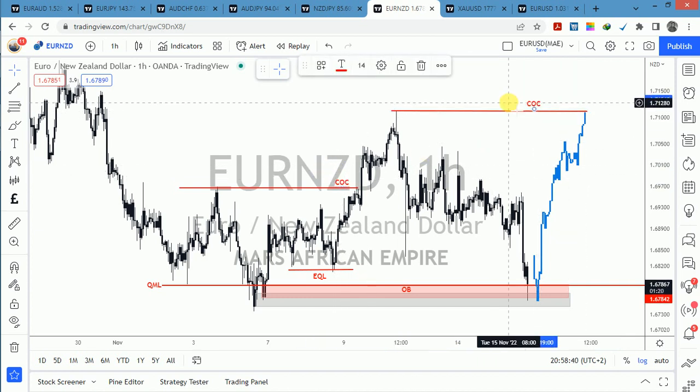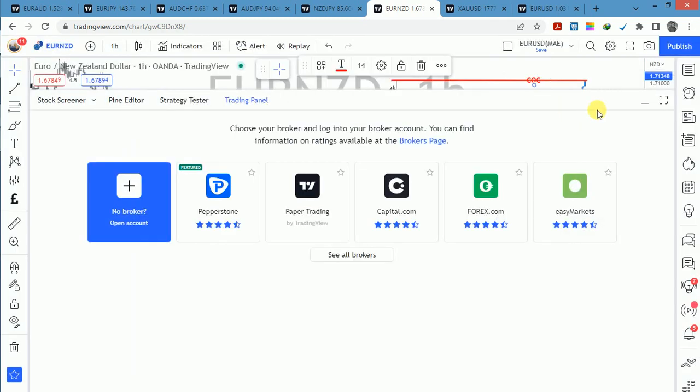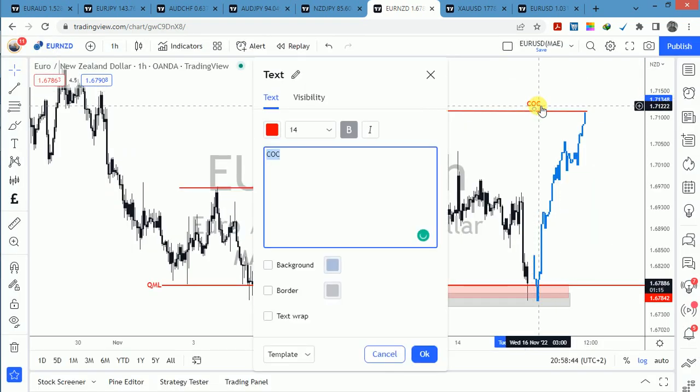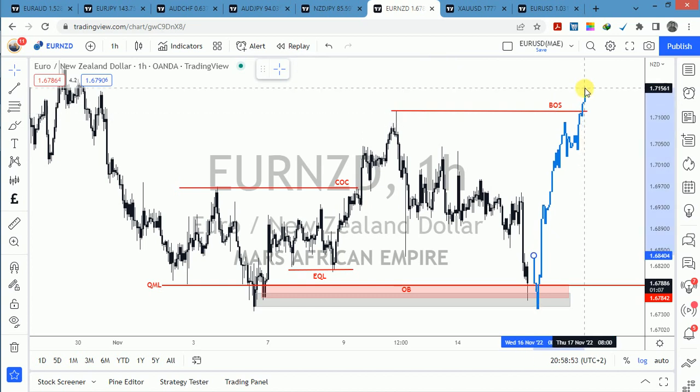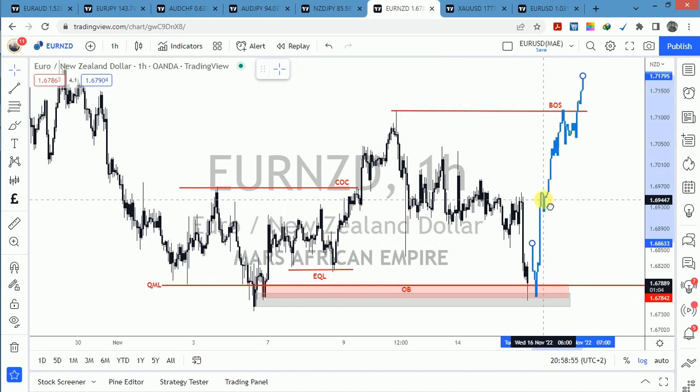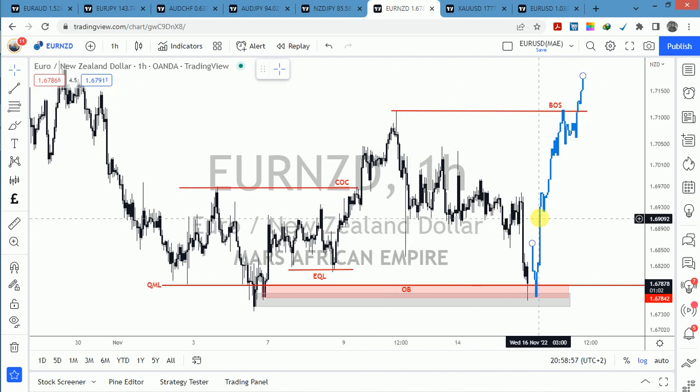We are hoping to get a BOS here. So if we're going to get a BOS here, then this guy has to continue going up to break that structure.